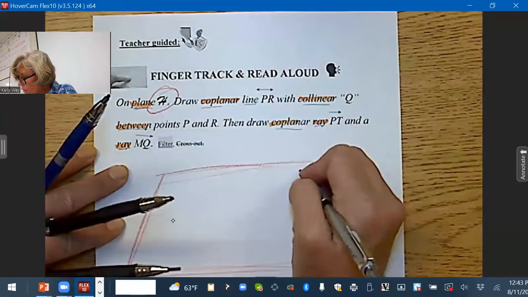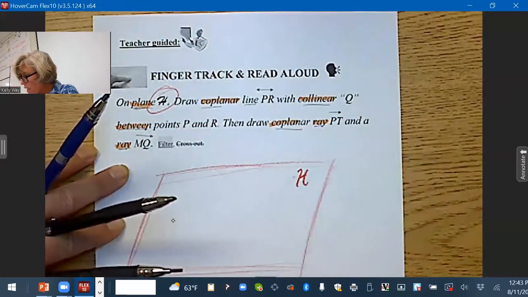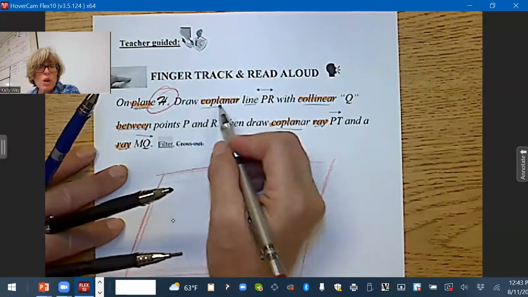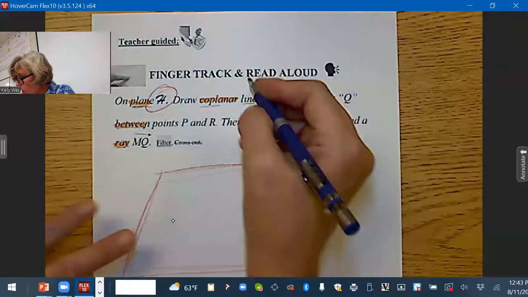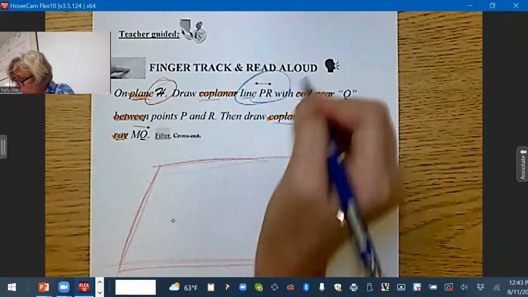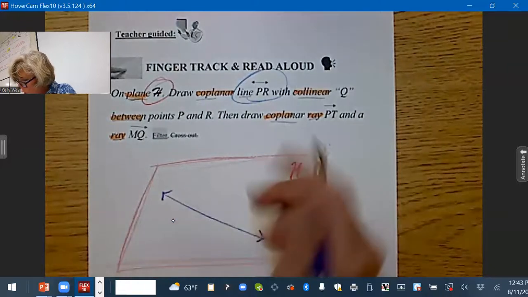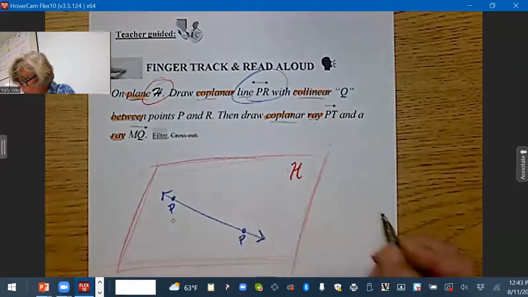It's cursive, so italics, and it's uppercase, in the upper right-hand corner, and it names the whole plane. Draw a coplanar line, so it's on the plane, so imagine it on the tabletop. So I've got a line here on the tabletop, PR. Those are capital letters because they are points.